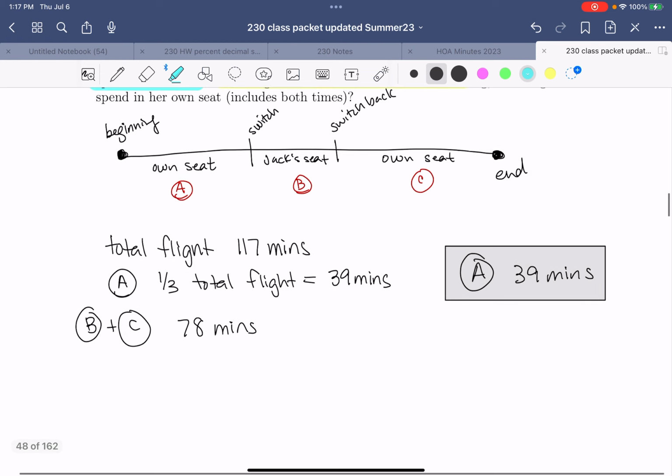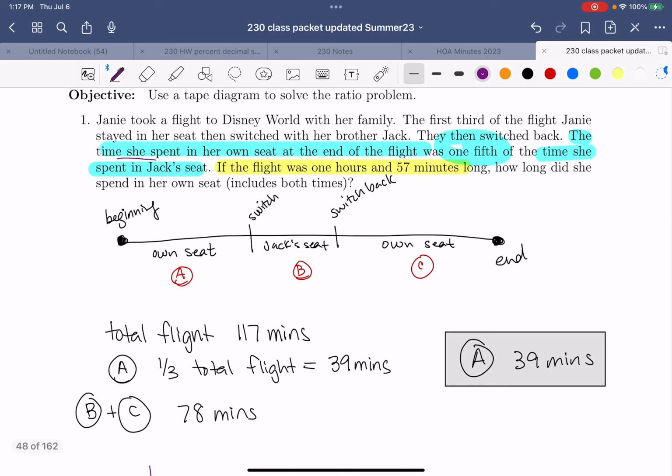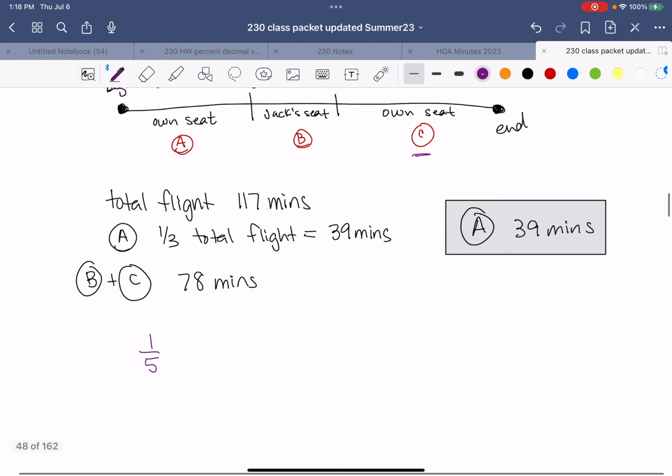Okay, so we're going to pull out our ratio here. The given ratio is 1/5. And it's comparing the time she spent in her own seat at the end of the flight. That's part C.